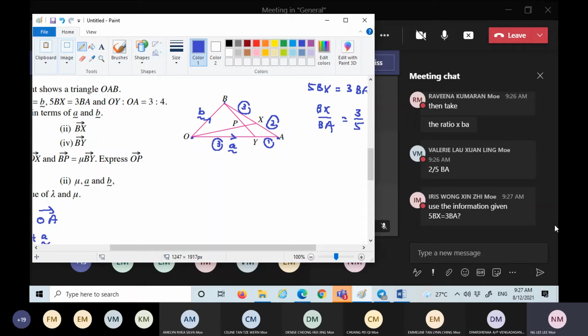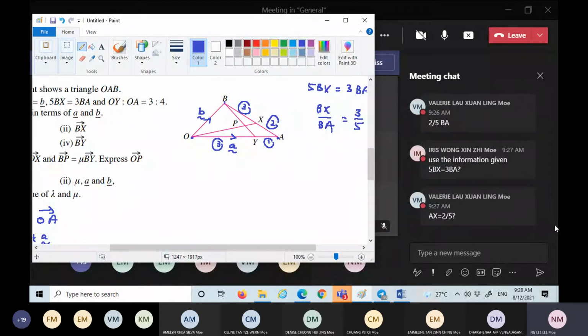Use the information given, BX and BA. So BX is equal to 3/5 of BA. Correct? Okay, so who gives the exact one? Cheryl, AX is equal to 2/5.